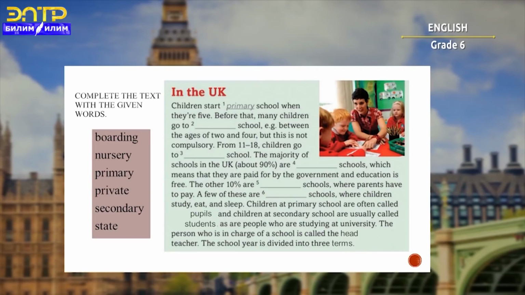The time is up. Let's check your answers. Number 2. Before that, many children go to nursery school. Good. Number 3. From 11 to 18, children go to secondary school.